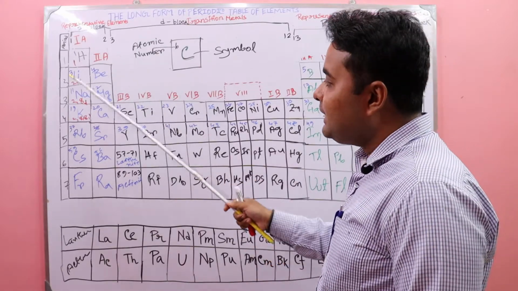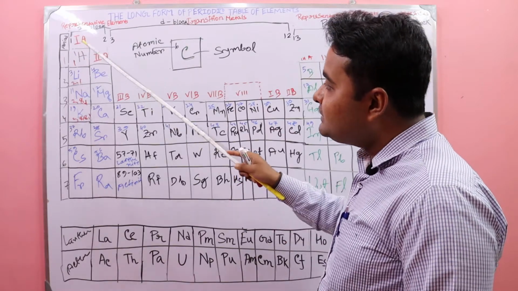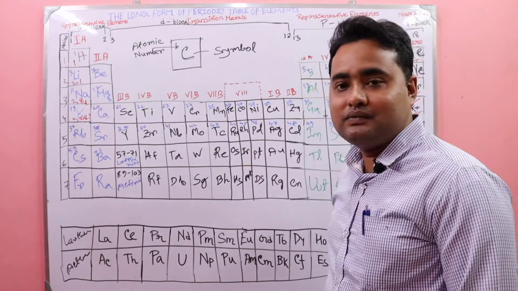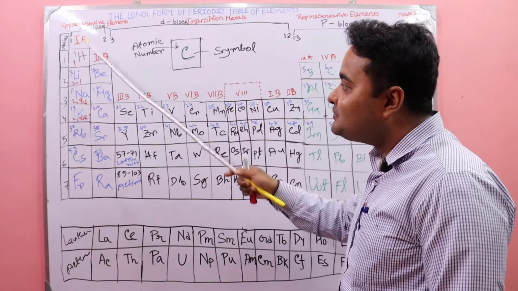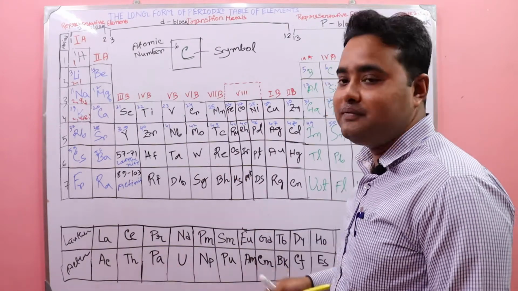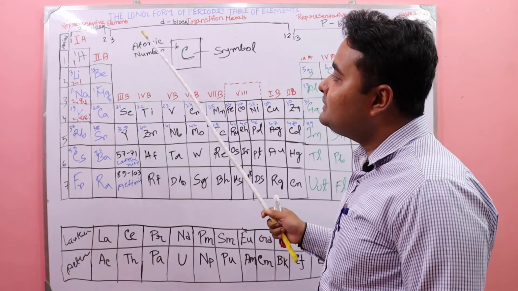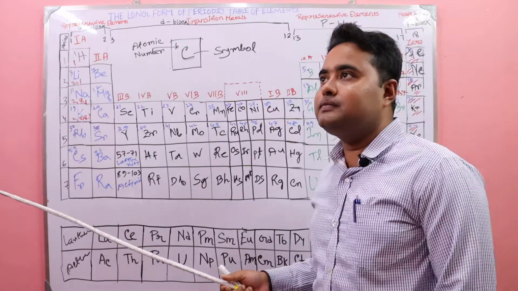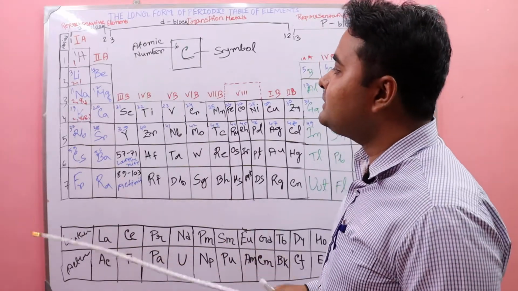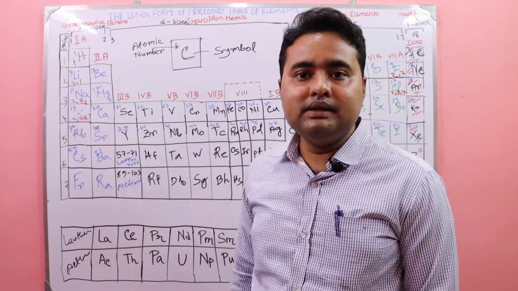As you think, those elements which represent the group are like royal family members. So that's why this is a salient feature, and we can track an element very easily.